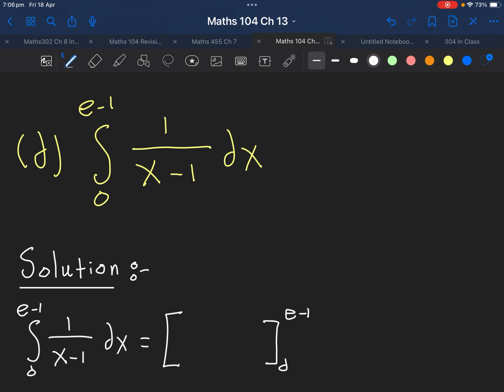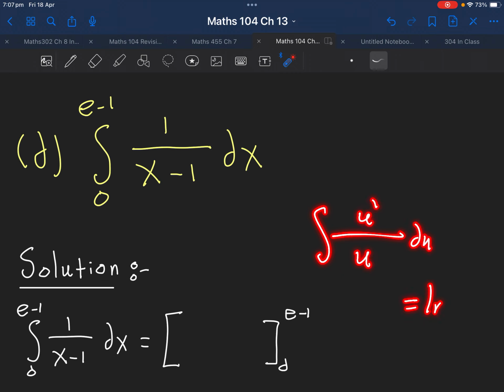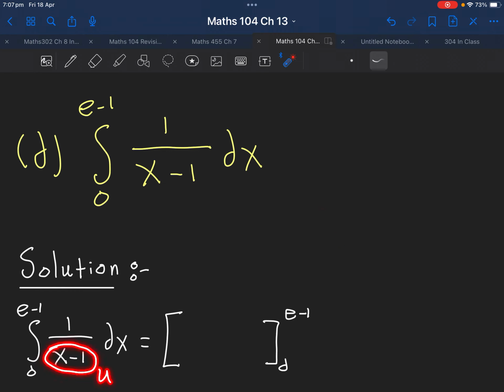Remember, this is one of the questions when we have the integral of u prime over u. And the answer, we already said it before, is just ln u. Now, what is u? This is u. What is the derivative of this u? It's just 1. So you have u prime. So the answer here is straightforward, just the ln of the absolute value of x minus 1.